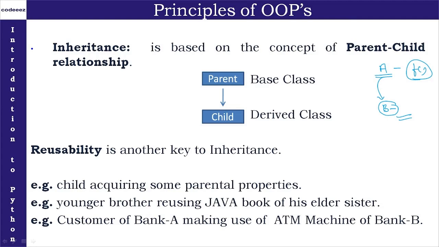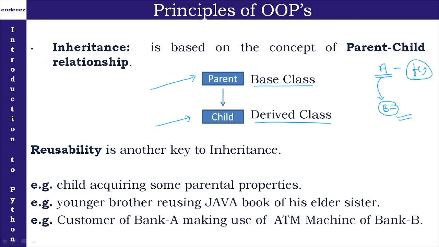The class from which the function is being borrowed is known as the parent class, and the class in which it is borrowed is known as the derived class, right? So the first one is known as the base class and the latter one is known as the derived class. So the child is acquiring the properties of a parent. You can also say inheritance is based on the concept of reusability.